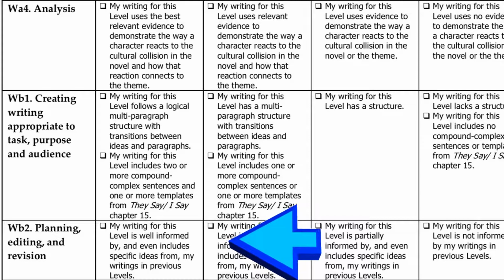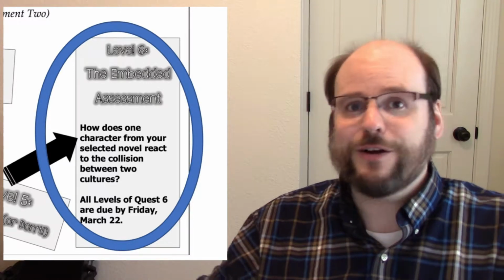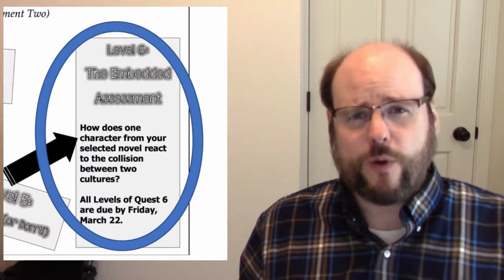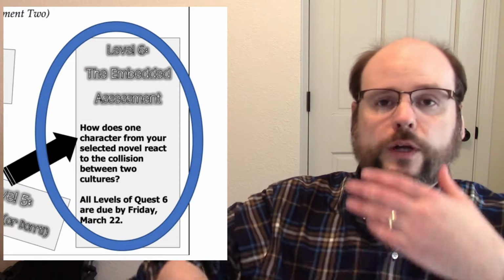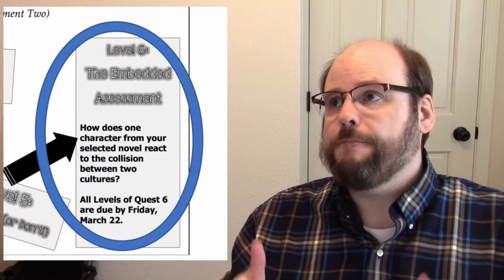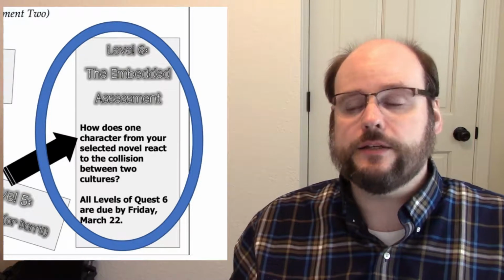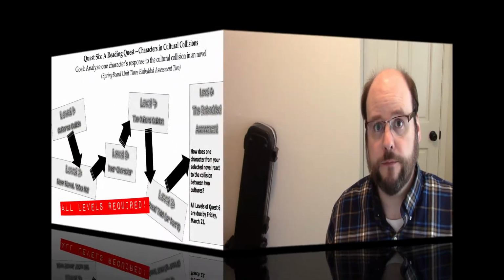And finally, you are going to have to make sure that you're including some of your ideas and maybe even lifting whole paragraphs or sentences from your previous writing. You're going to do enough work in the lead up to this final piece of writing about this character that writing it should be easy because you've already covered a lot of those ideas and put some of that down on paper.